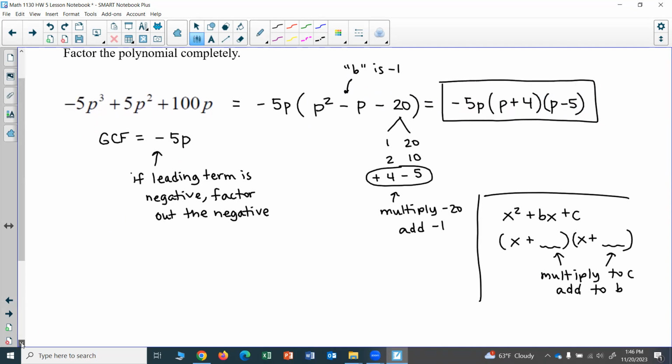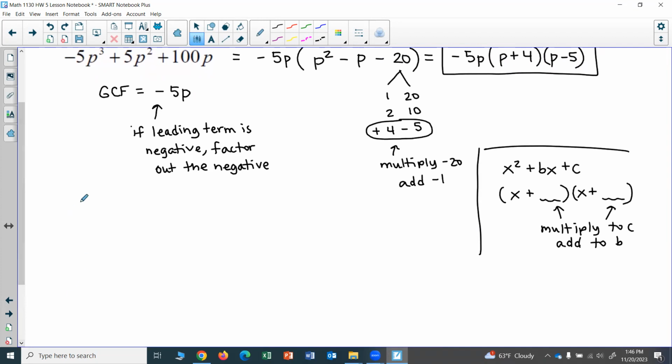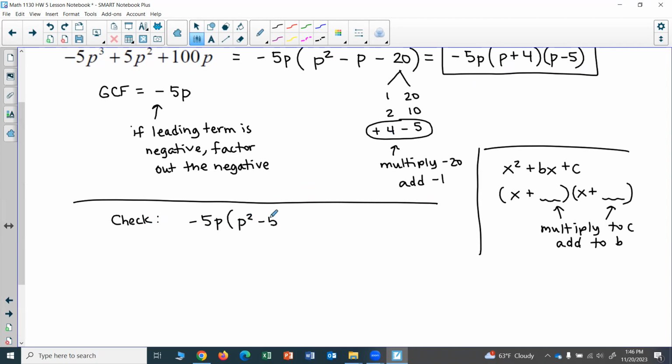Now, if I wanted to check my answer, what I would do is I would multiply it out. So if I wanted to check, I'd have negative 5p, and then I want to FOIL this out, so I would have p squared minus 5p plus 4p minus 20.